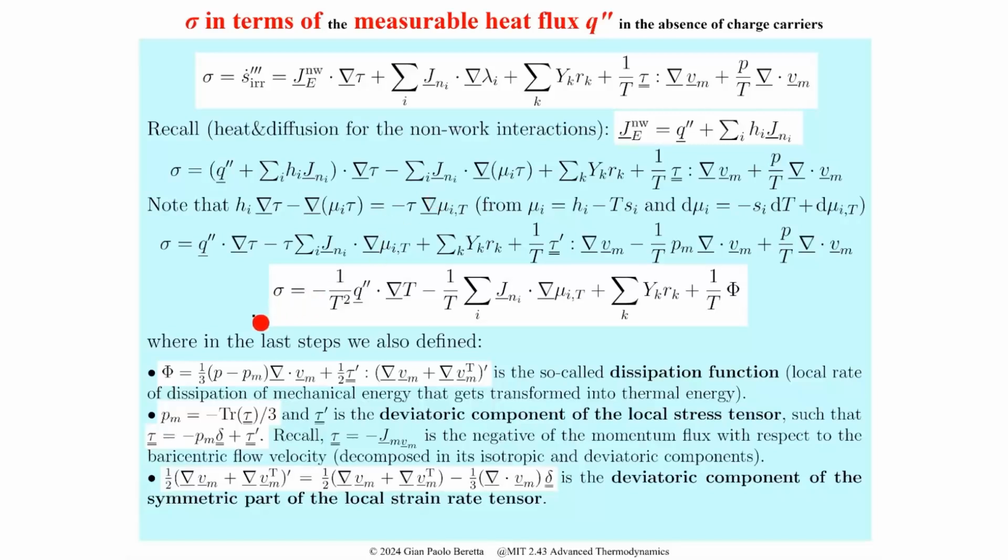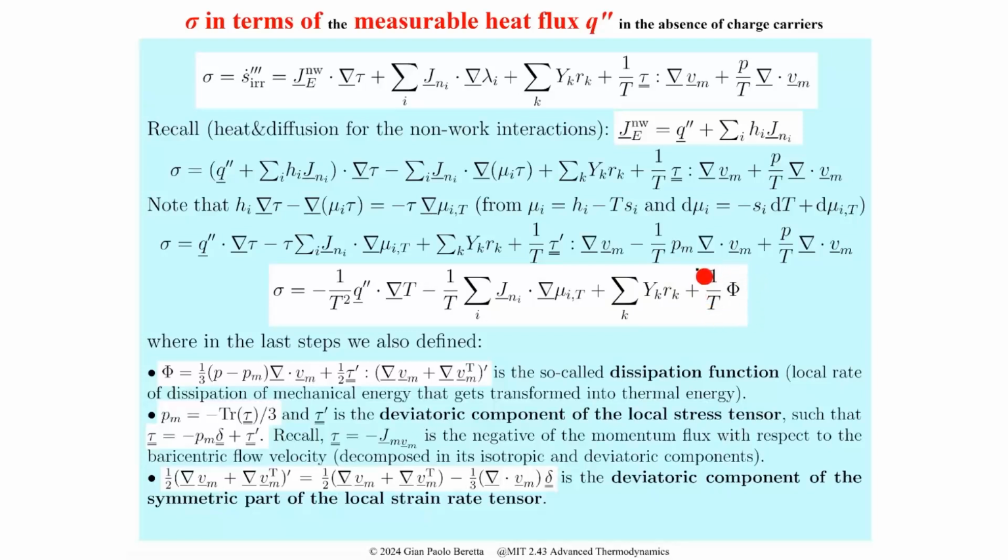And so the bottom line is that we can write the entropy production density sigma in this way. So here we have more explicitly the Fourier kind of entropy production. Here you have a similar term related to diffusion. Here we still have the usual term related to chemical kinetics.